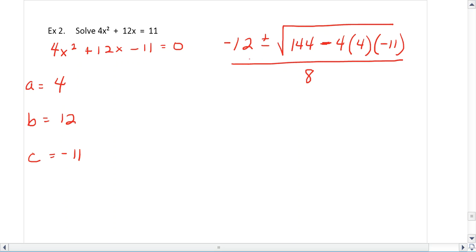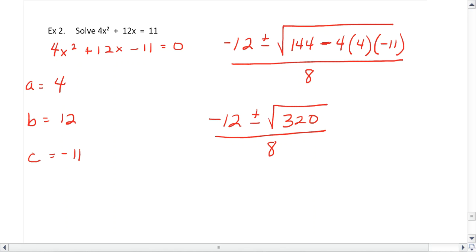If you use it in the multiplying, it's used, and that's what I did. I got 176, and then we need to add that to 144. So then we're left with negative 12 plus or minus the square root of 320 all over 8.